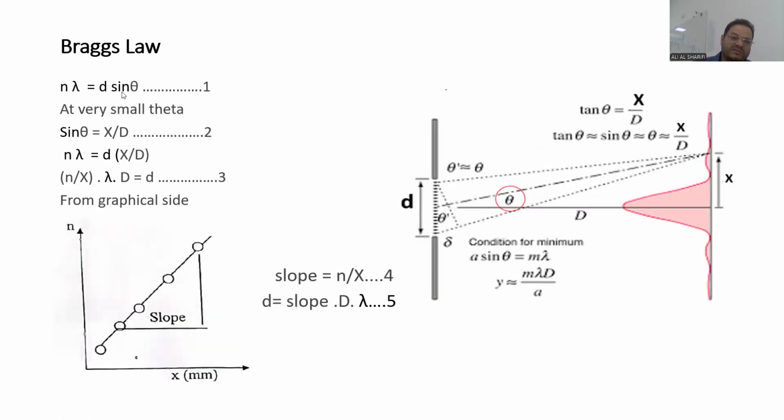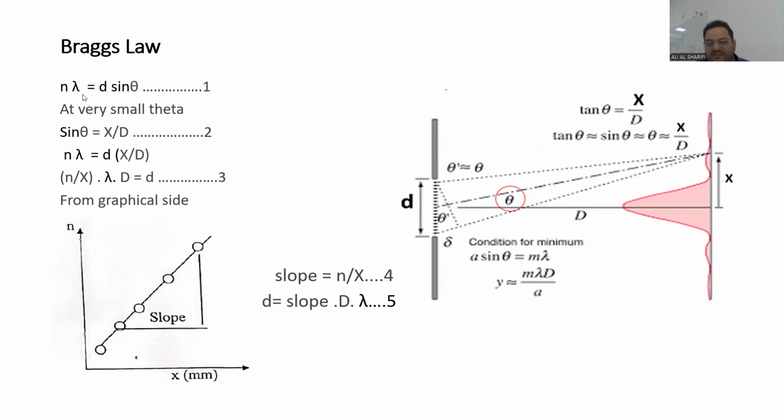And let that equal d sine theta. We need to calculate the width of this slit or the diameter of this wire. That means we will focus on calculating this small d, and the number of patterns, how many I have, for example here 1, 2.